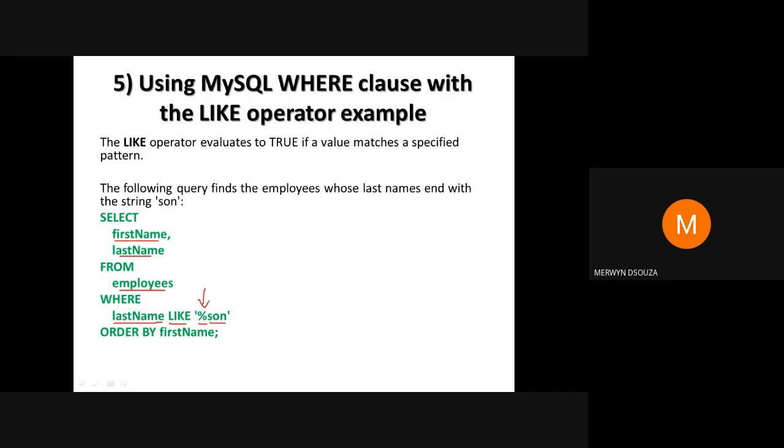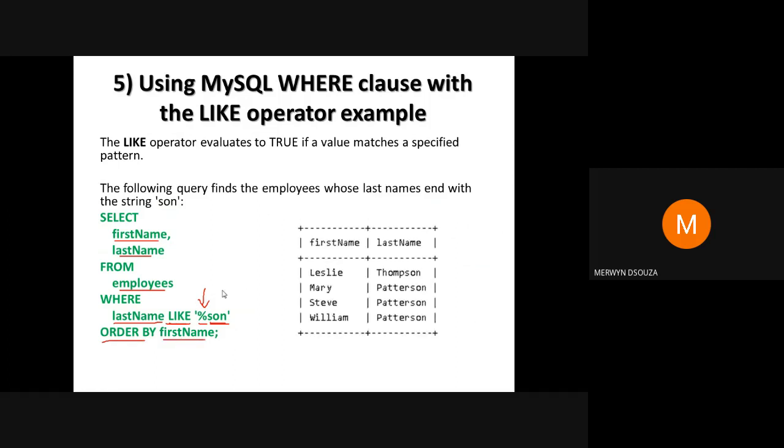The string before SON could be anything, it does not matter, but the last 3 letters have to be SON. That is mentioned by using this operator like, and we sort the rows by first name. The output will look something like this.